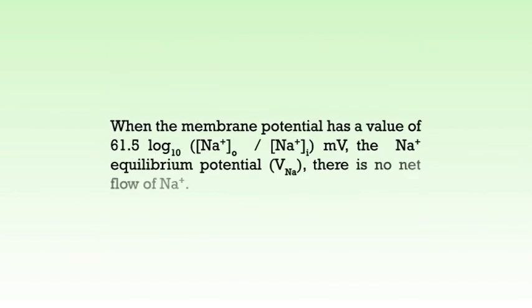Similarly, when the membrane potential has a value of 61.5 log base 10 of the outside concentration of sodium ions by the inside concentration of sodium ions, in millivolts, that is the sodium ion equilibrium potential, V sodium. There is no net flow of sodium ion.